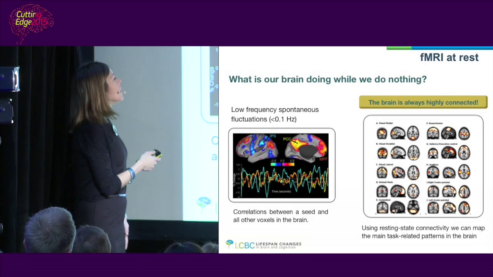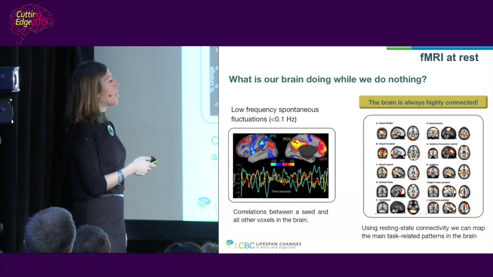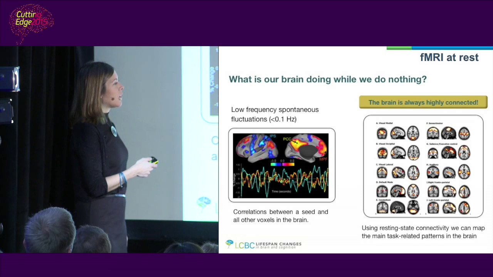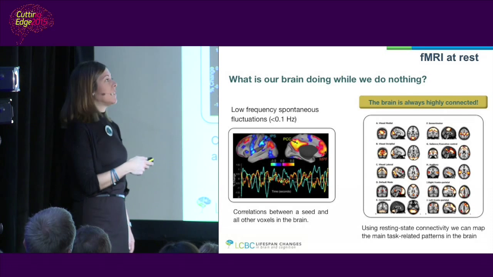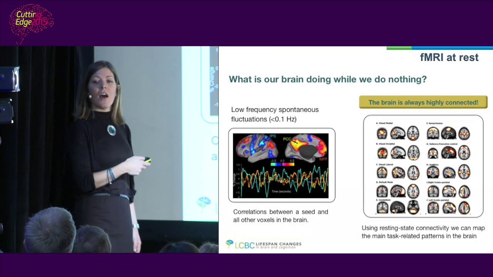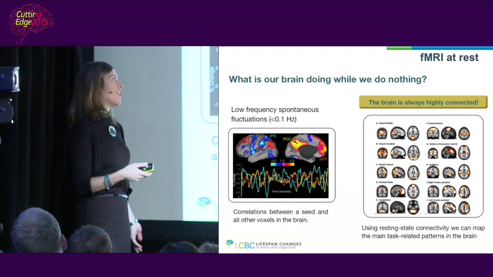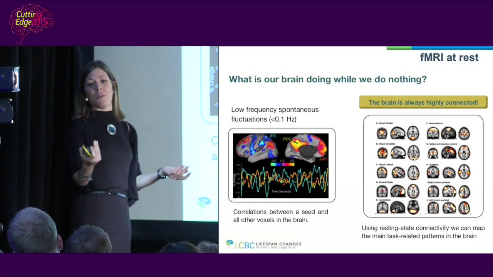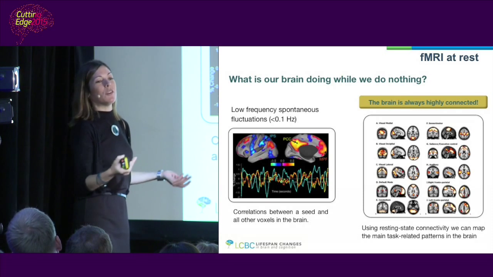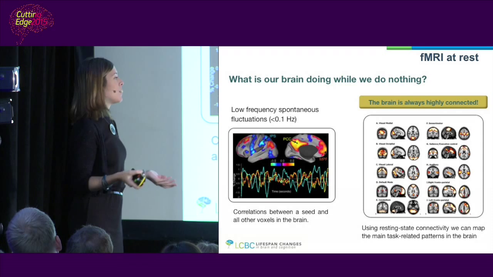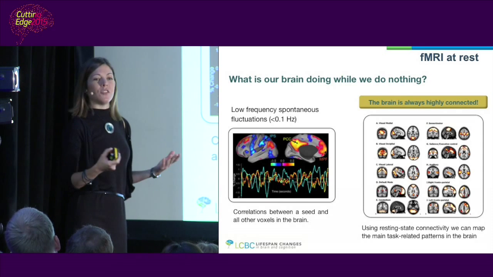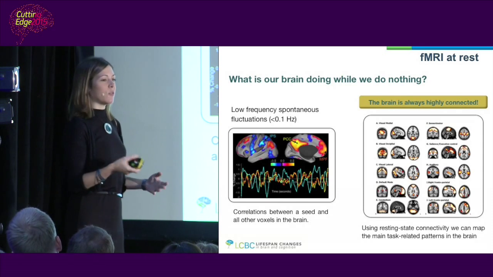Furthermore, if we do this repeatedly, we can map a set of networks that are always in our brain. So our brain is always highly connected, even if we are resting or supposed to be resting, because you can never ask someone to rest without thinking of anything. But let's say spontaneous thoughts.